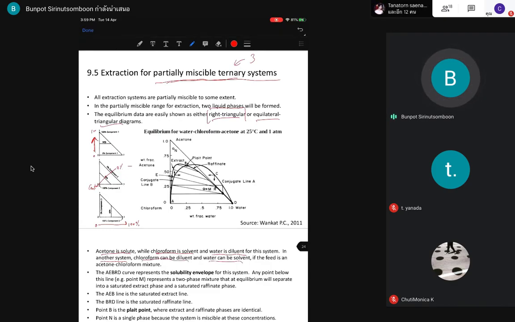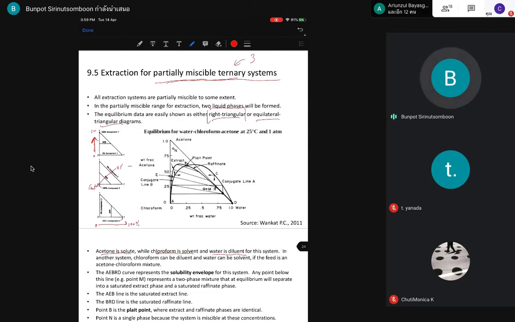The feed is going to be an acetone chloroform mixture. The triangular diagram is going to be the same, but it depends on your system, which liquid is diluent and which is solvent.